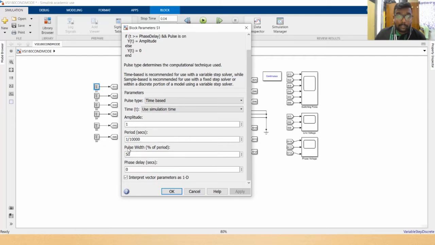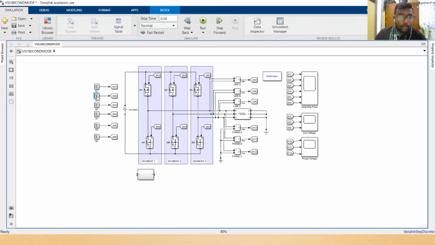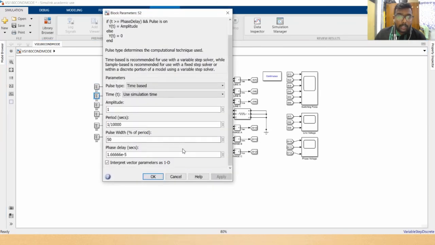The pulse width is set to 50%, because 100% width is one full period, so 50% is the 180 degree conduction mode. For the first signal the phase delay is set to 0, and for the following signals a 60 degree phase delay is added to create this 180 degree conduction mode simulation.